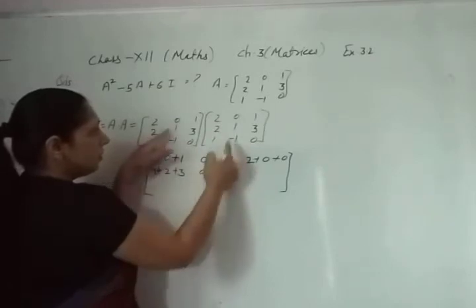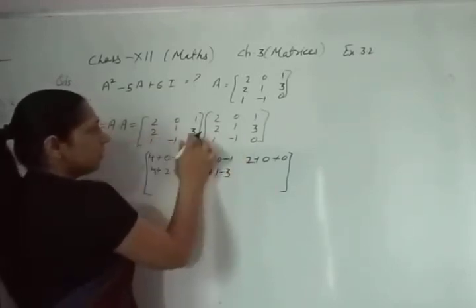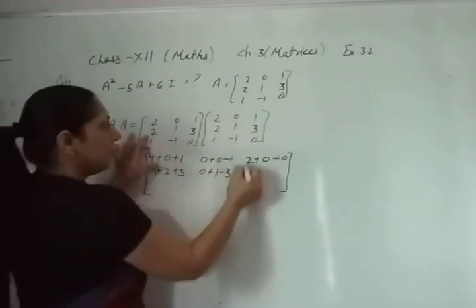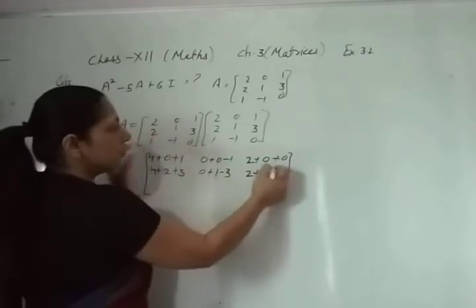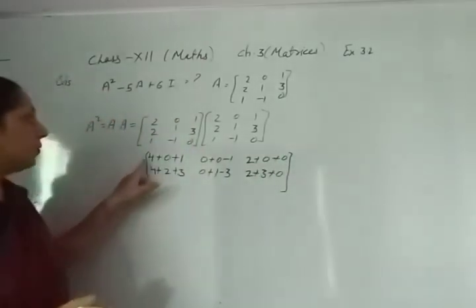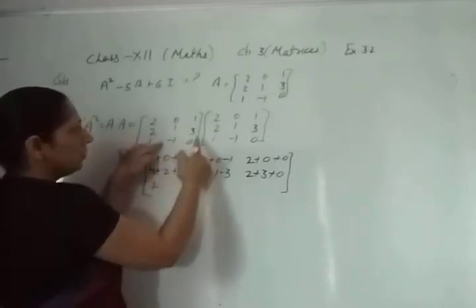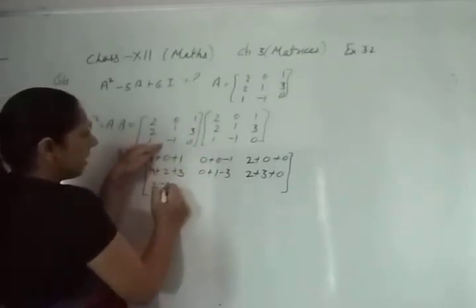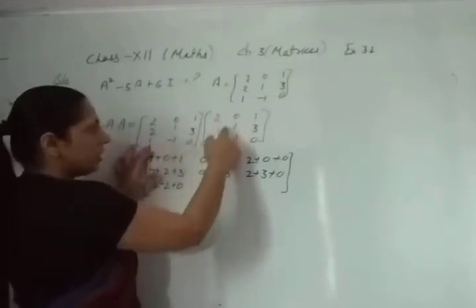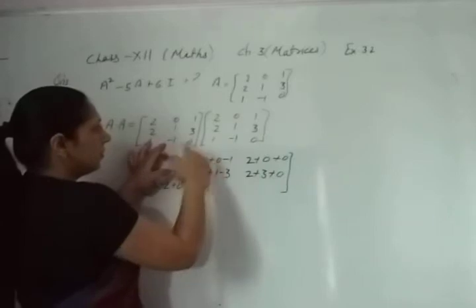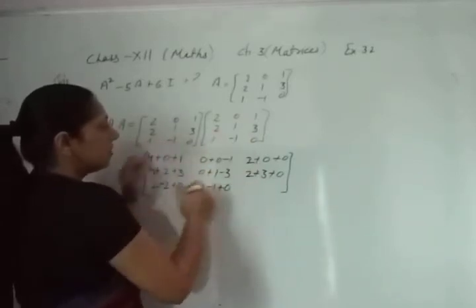Then 2 0 0, 1 1s are 1, 3 into minus 1, minus 3. Then second row, third column: 2 into 1, 2, 1 3s are 3, plus 3 into 0, 0. Now third row, first column: 1 2s are 2, minus 1 plus 2, minus 2, 1 0, 0. Then third row, second column: 1 into 0, 0, minus 1 plus 1, minus 1, 0 into minus 1, 0.